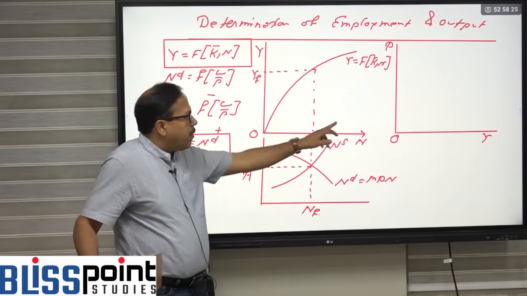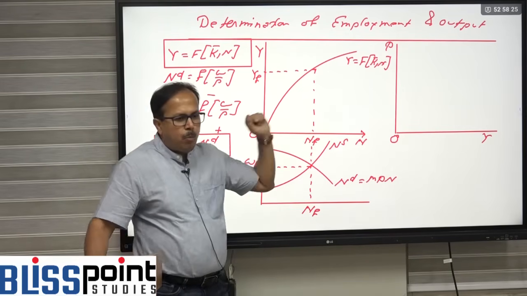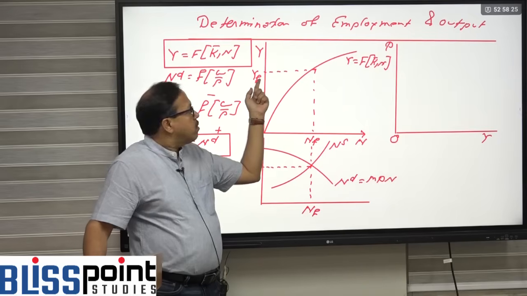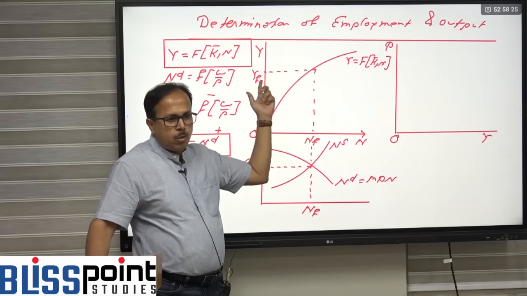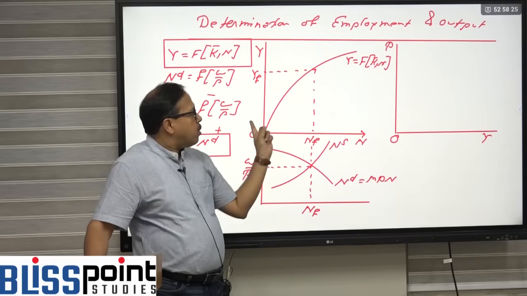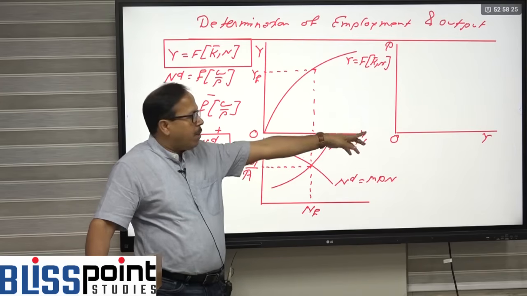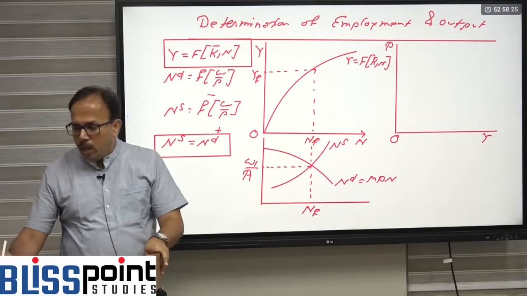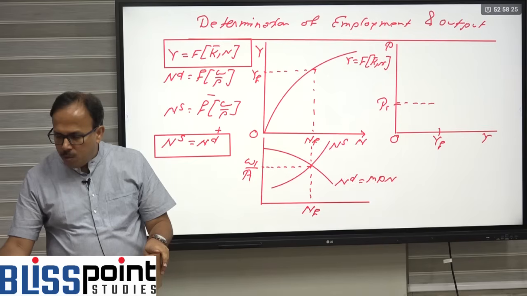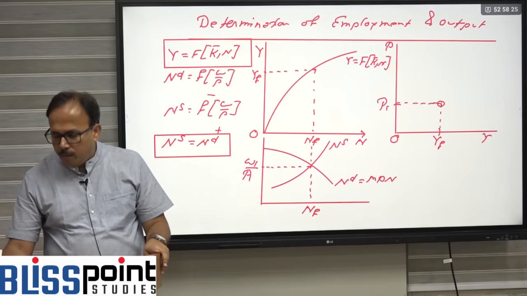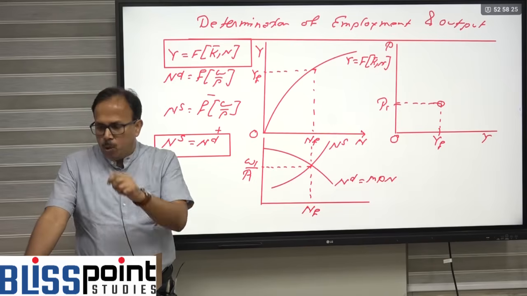So I can mark that P1 here. How much is the output? YF. So YF is also a given number. You can mark that YF also. Suppose this distance is 200. So I will mark that 200 here. So you have a given output YF at a given price P1. P1 and YF connected give one point.